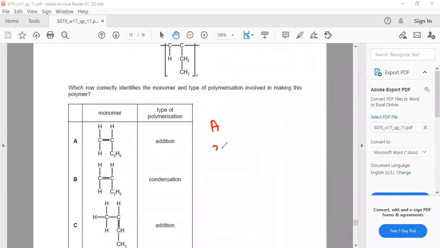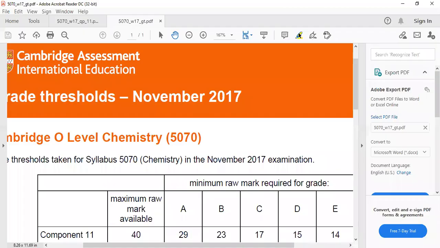A was 29, B was 23, C was 17, D was 15, and E was 14. So if you have 15, you can pass. 14 also.